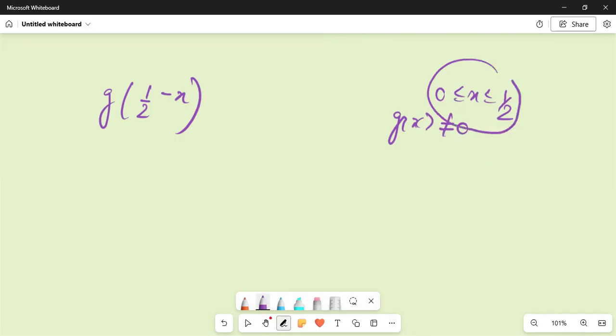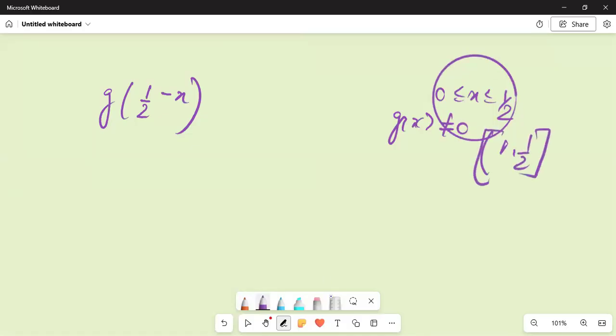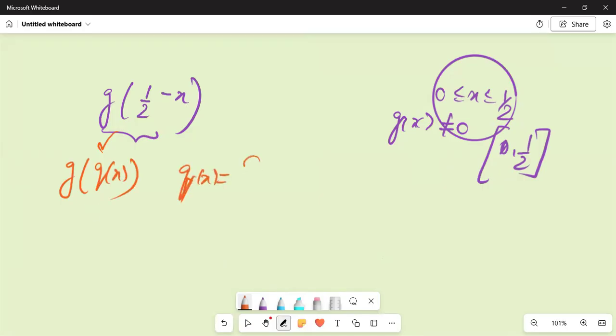Only for these points of the closed interval, G is non-zero, and for the other points, G is 0. Now what is this? This is a composition function. You can write it like this: G composed with Q(x), where Q(x) is this linear function.